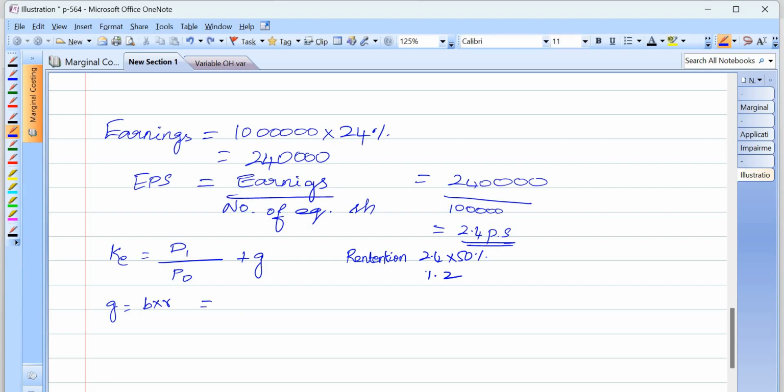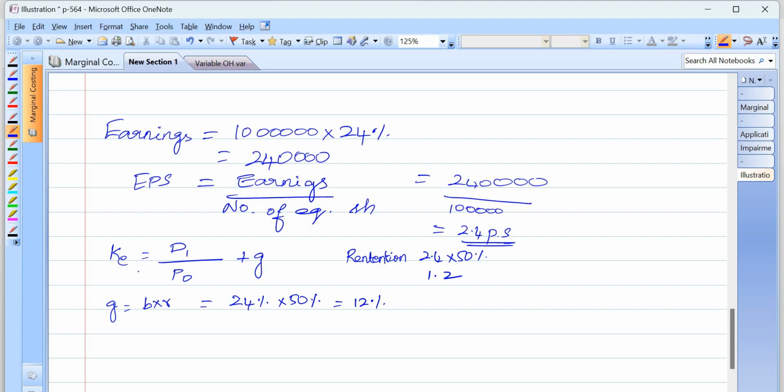I hope retention is clear in this case. So growth is B, 50 percentage, and my R is 24 percentage. So 24 into 50 percentage, that is 12 percentage, is my growth in this first scenario, right?